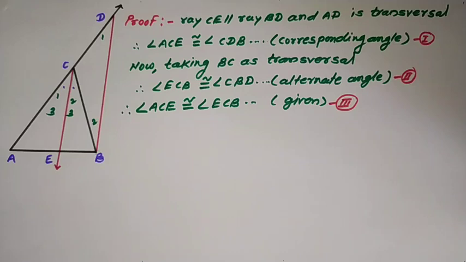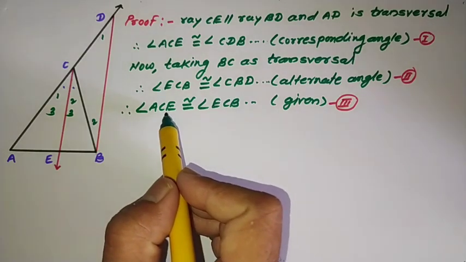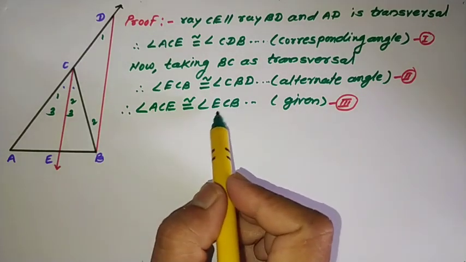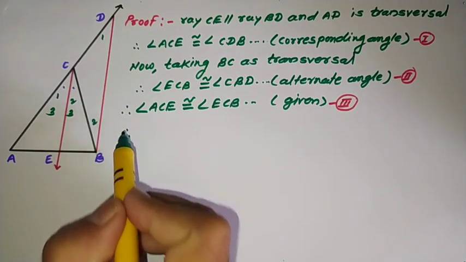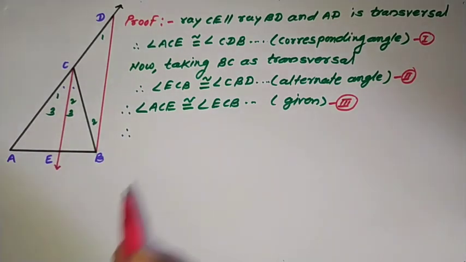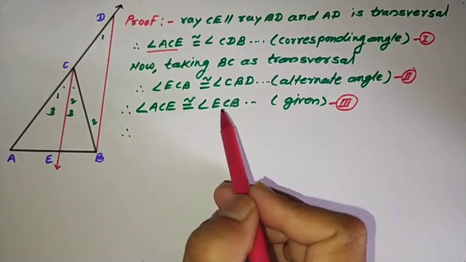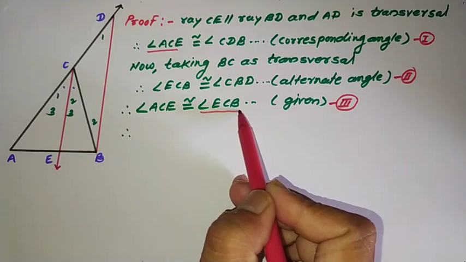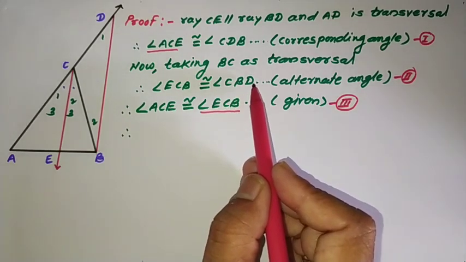But angle ACE is congruent to angle ECB, and ECB is congruent to CBD.